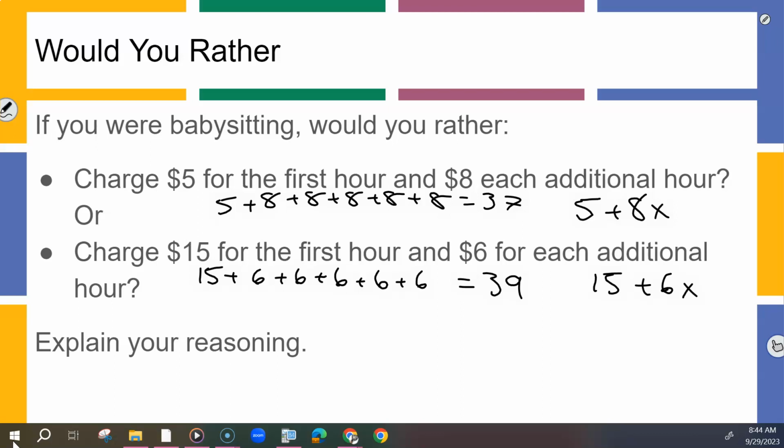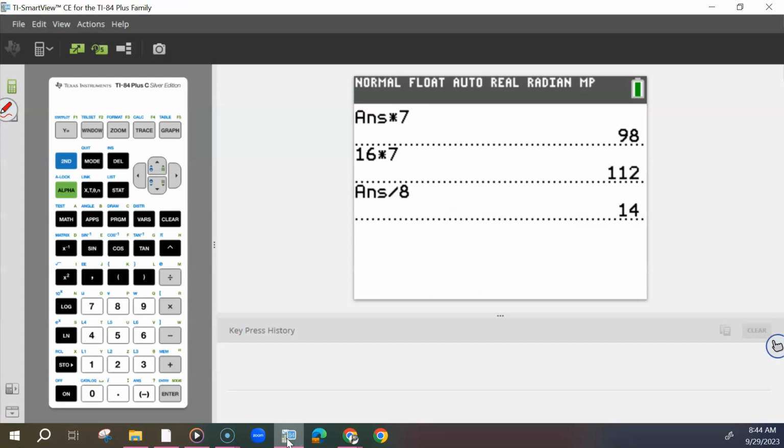And I think when we set them equal to each other, at some point, no matter how many hours, you would get the same price.